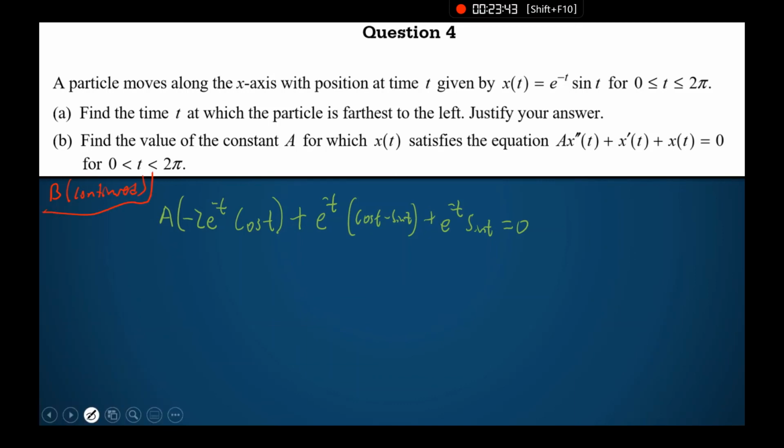Okay, so from here, I've got an e to the negative t in every term. So I'm going to factor that out and then divide by e to the negative t on both sides, which will cancel. So that'll leave me with negative 2a cosine t plus cosine t minus sine t plus sine t is equal to 0.